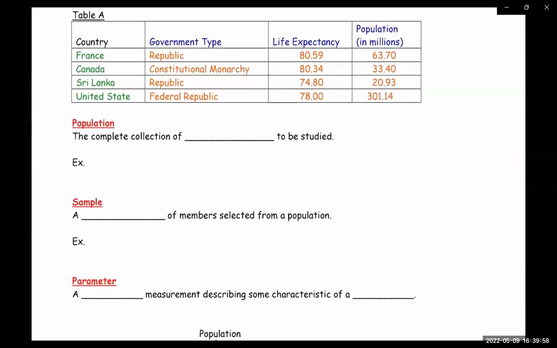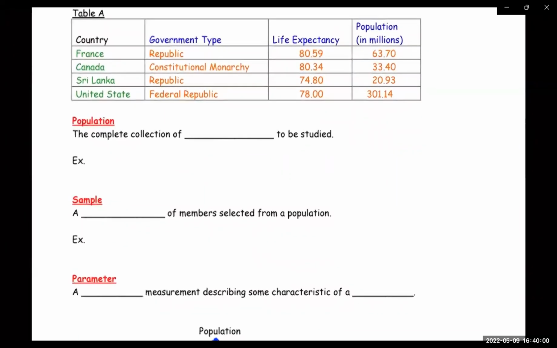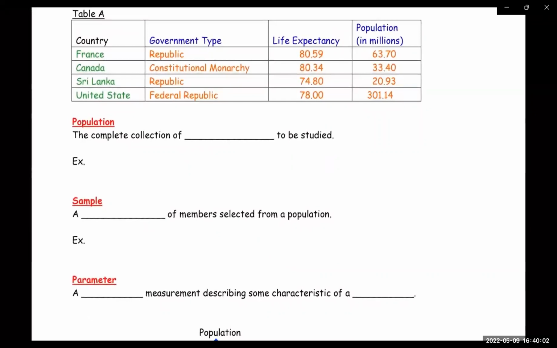All right. Population, the complete collection of data to be studied. So an example would be, let's say we're trying to figure out how many people at Compton College are vegetarian.